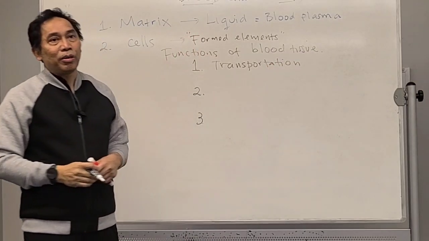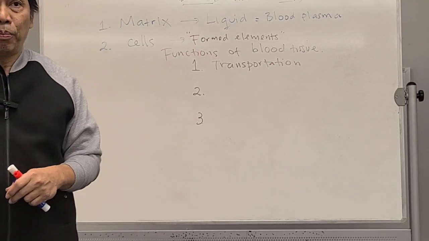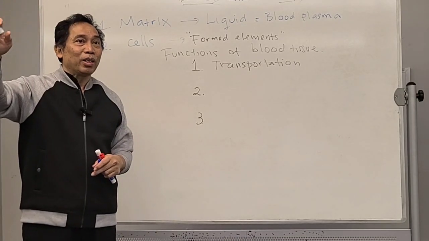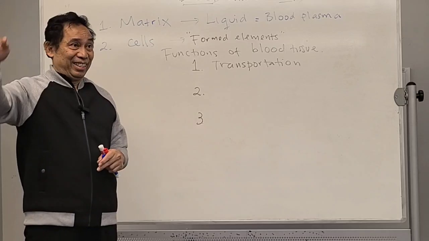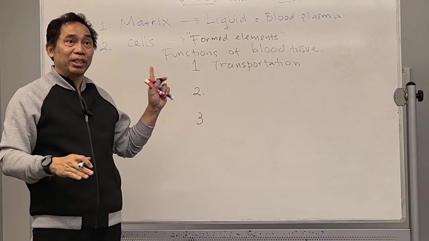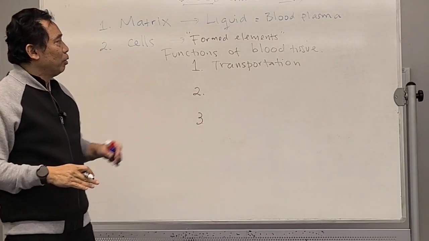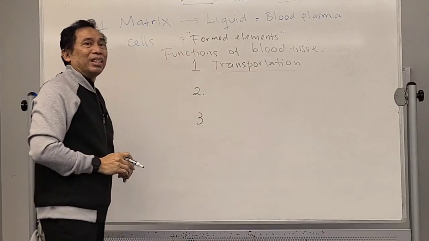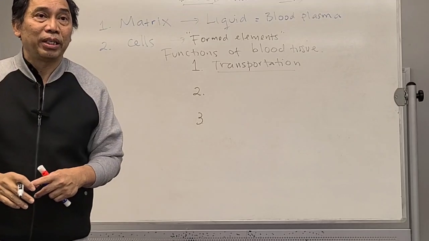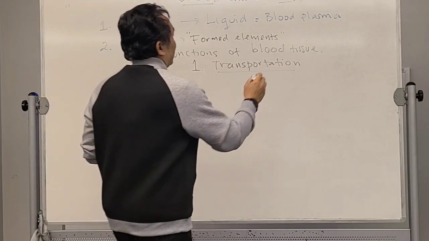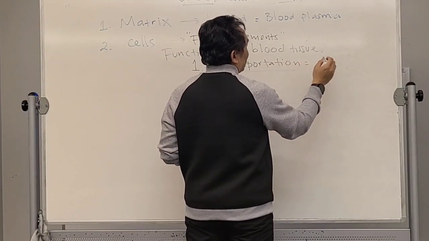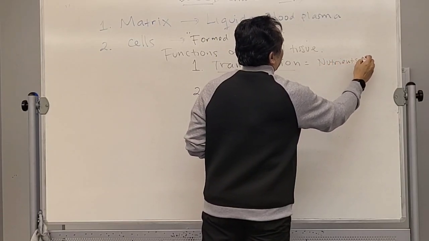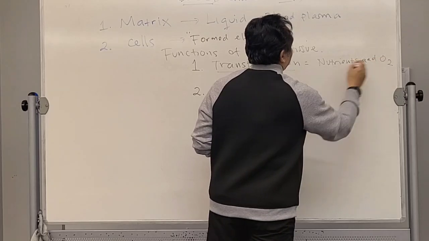Therefore, blood is actually a component of the cardiovascular system. This is the one that will be circulating in the circulation system or the cardiovascular system. Because the main function is transporting many things, like for example, nutrients and oxygen.